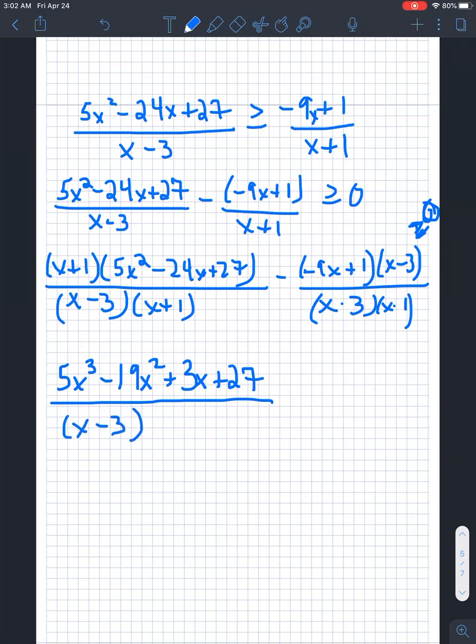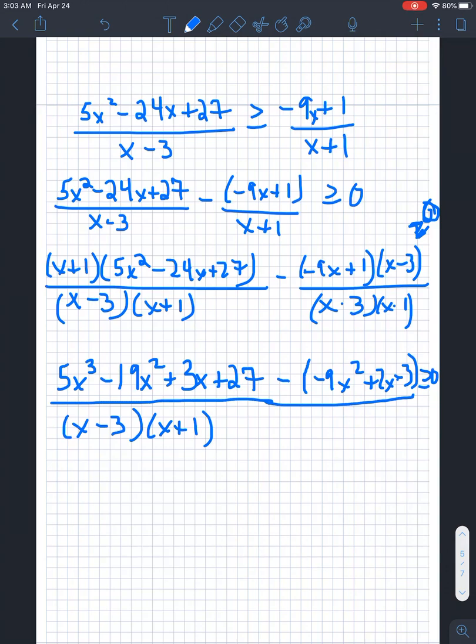That's 3x plus 1, minus, it's going to be negative 9x squared plus 28x minus 3. That's the same thing, greater or equal to 0.